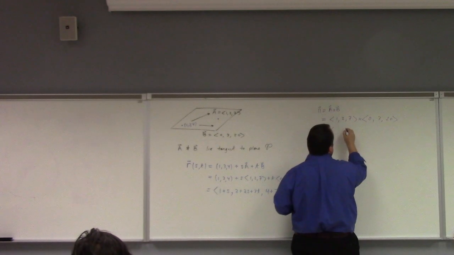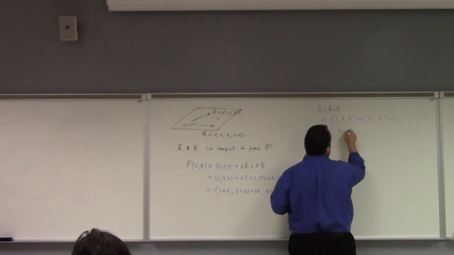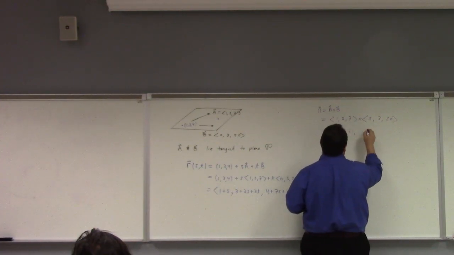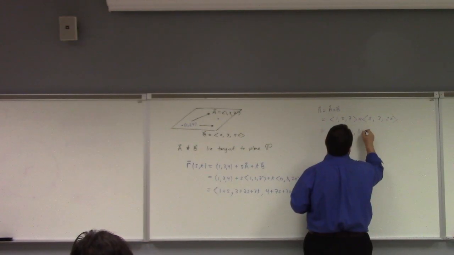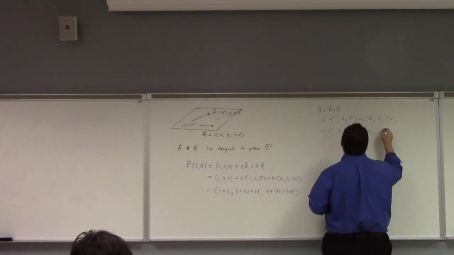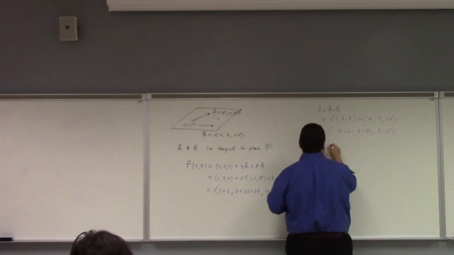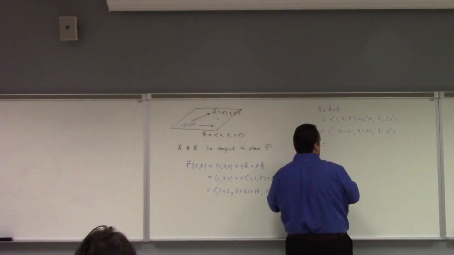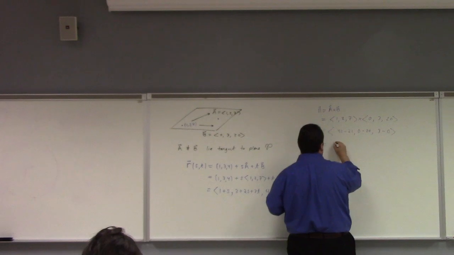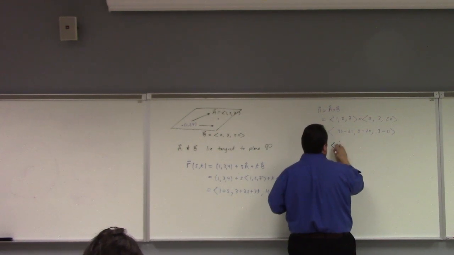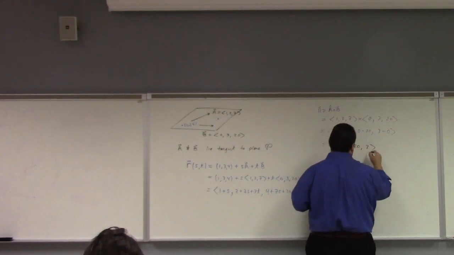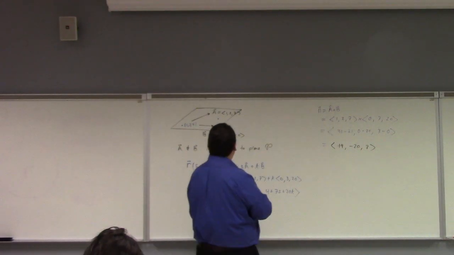So, all right, 40 minus 21, 0 minus 20, 3 minus 0. If I didn't make a mistake, that's my 19, minus 20, 3. Does that work?